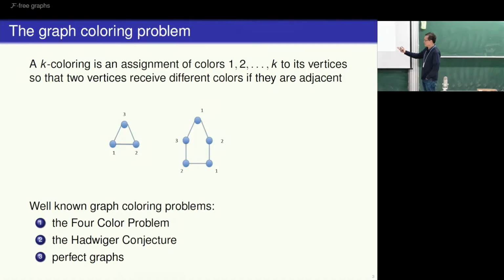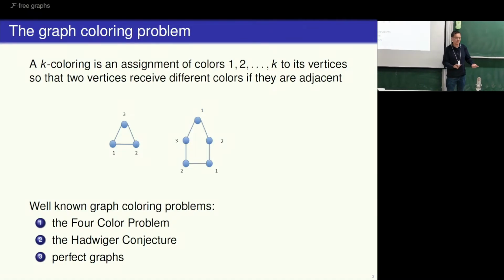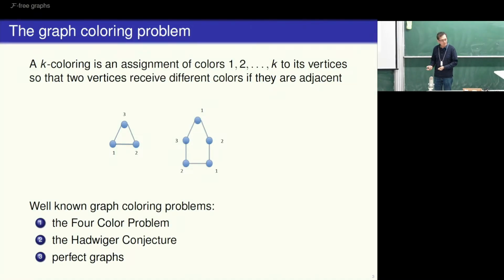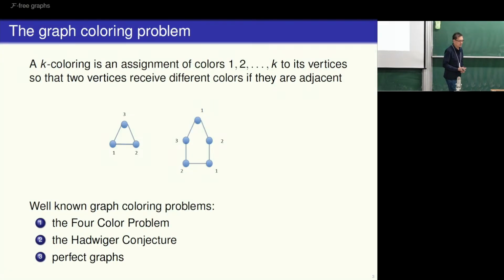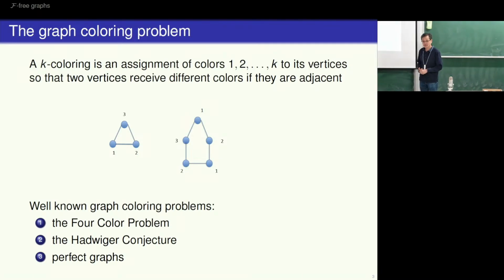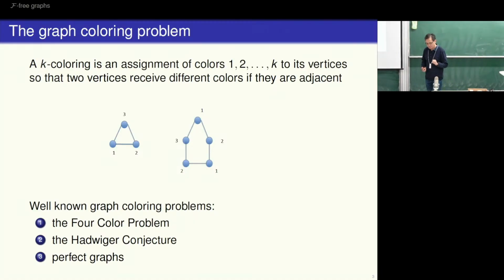Most of us know the four-color theorem, which says that planar graphs are 4-colorable. And maybe one of the most well-known conjectures in graph coloring that is still open is the Hadwiger conjecture. The Hadwiger conjecture says that if a graph does not contain a minor on the clique on t vertices, then it is t-colorable. The ideas of planar graphs and minors are about partial subgraphs of a graph.